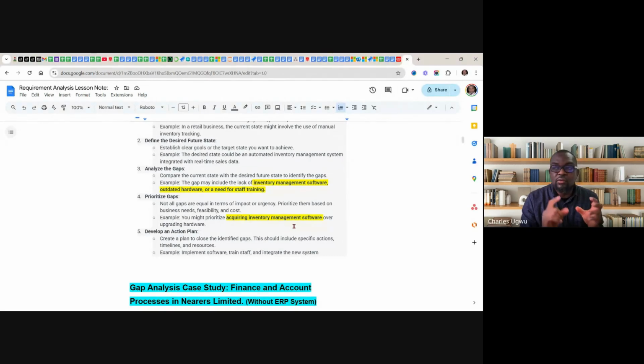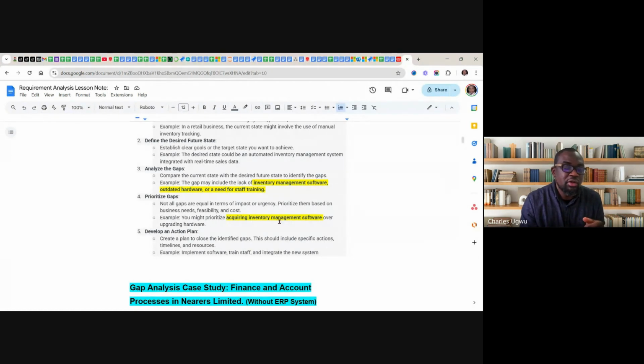Once you get one particular inventory management system, you still need to carry out cost-benefit analysis. This is to let the organization understand the return on their investment. Is it a viable investment? Just cost-benefit is enough for them to know that, yeah, this is viable.